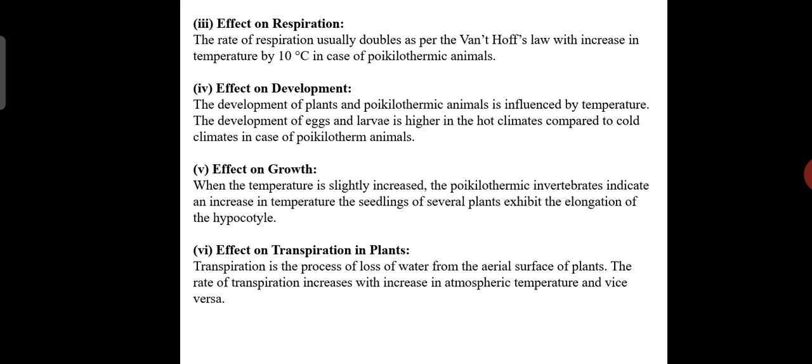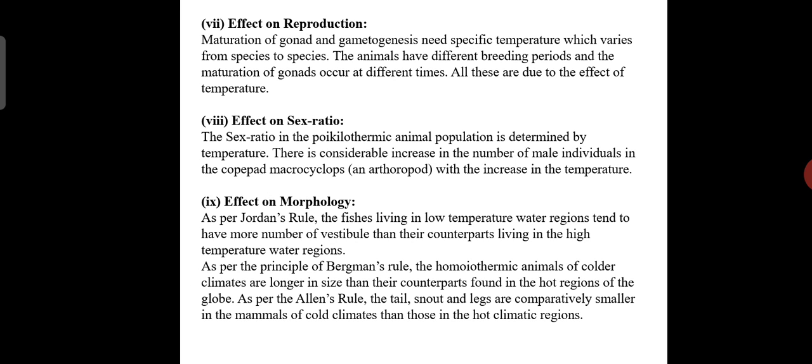Effect on transpiration in plants. Transpiration is the process of loss of water from the aerial surface of plants. The rate of transpiration increases with an increase in atmospheric temperature and vice versa. Next, effect on reproduction.